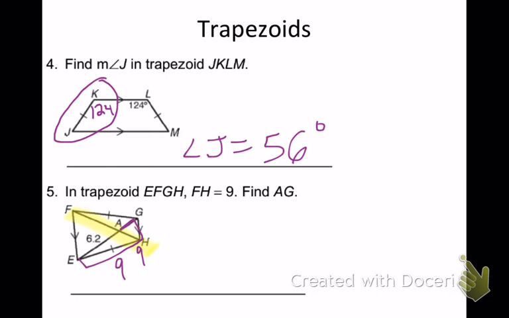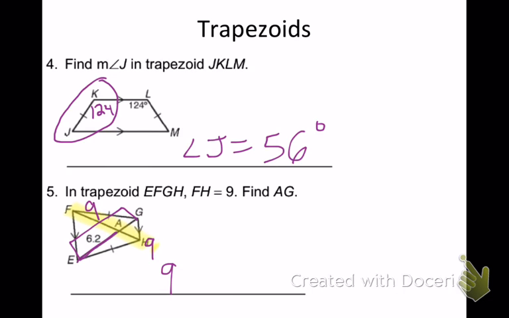So how would I find AG? Two-thirds, so divided by 3. What? How would I find AG? Let's backtrack here. Remember, think about it here. If FH is 9, that tells me EG has to be 9.